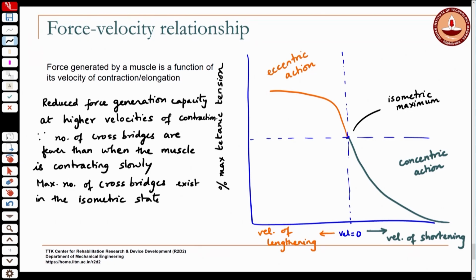So, in the eccentric action, it is the passive tension that plays a larger role. Passive tension and viscoelastic nature play a great role.